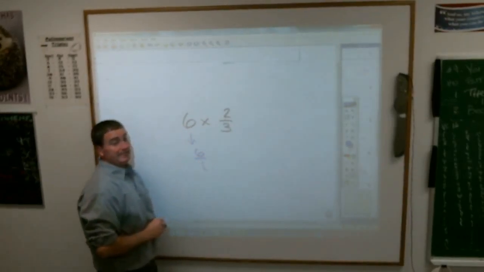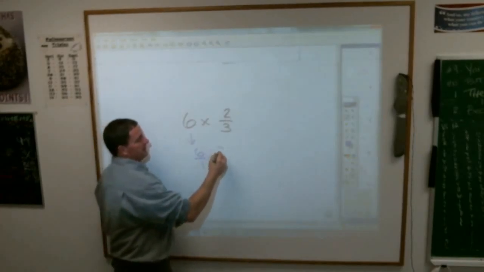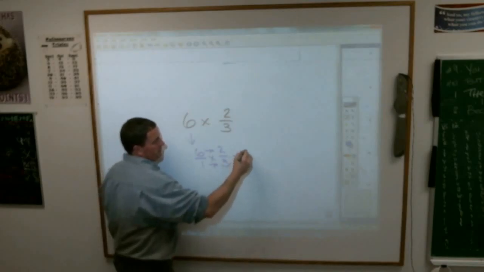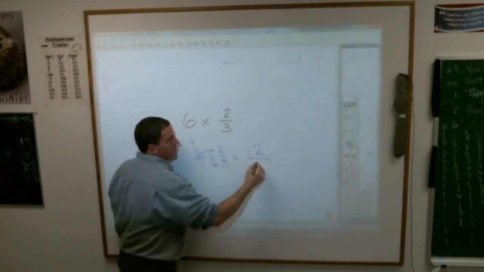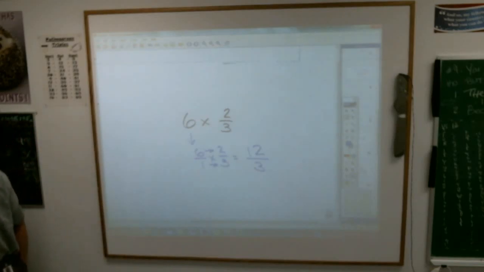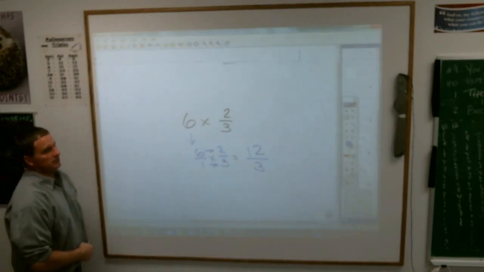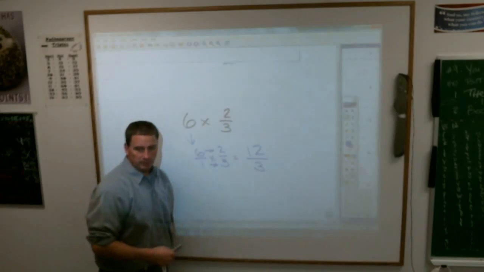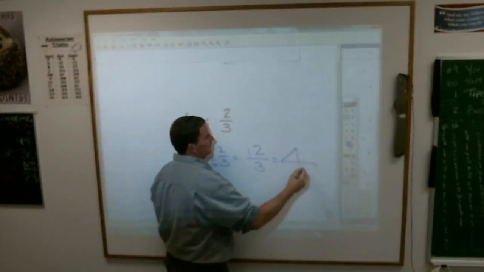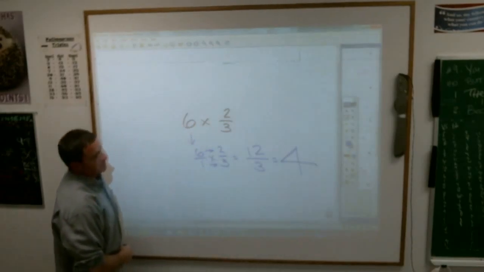So 6 over 1 is the same thing. Multiply that by 2/3, multiply across, you end up with 12 over 3. Can't leave 12 over 3 because it is improper, not reduced. What is 12 over 3, Emily? 4. 3 goes evenly into 12 4 times.